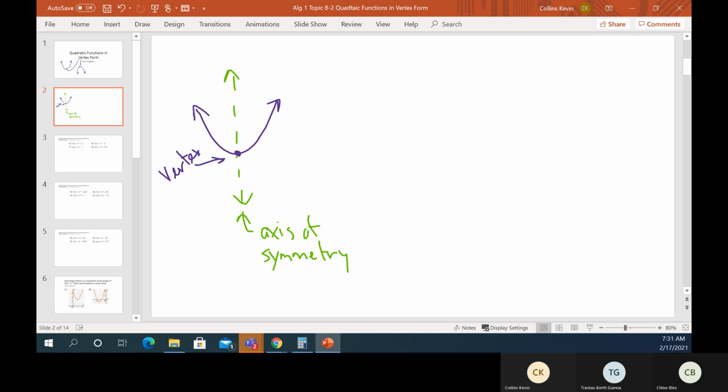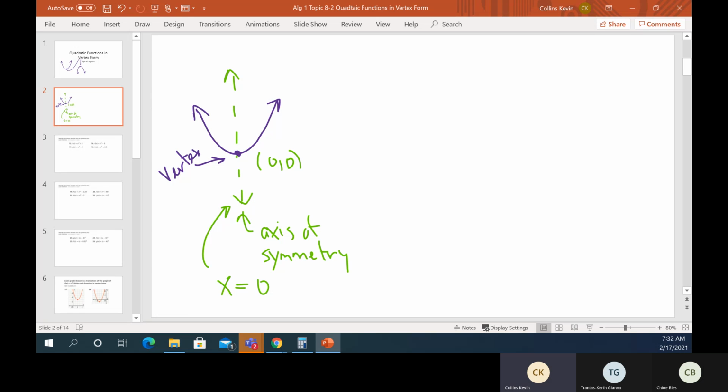Now, if our vertex here was at 0, 0, which they have been so far, then your axis of symmetry is x equals 0. So it's just the first number in this ordered pair. Whatever number that is, x equals that, because x equals some number is just a vertical line, going straight up and down. So x equals 0 is actually the equation of this line as well.